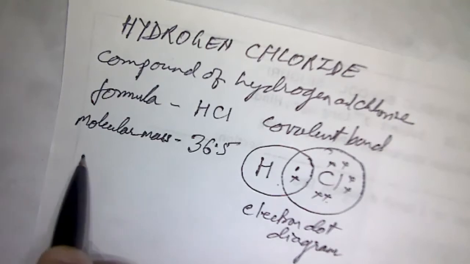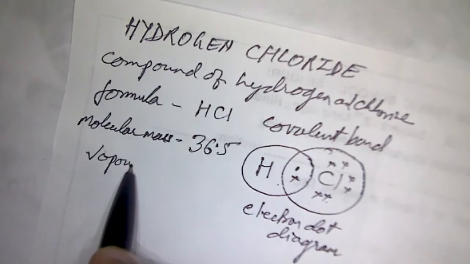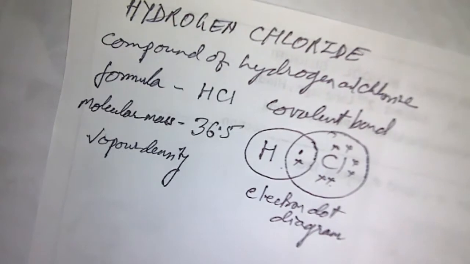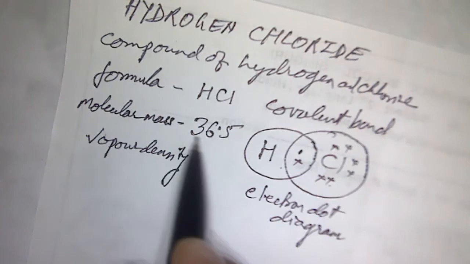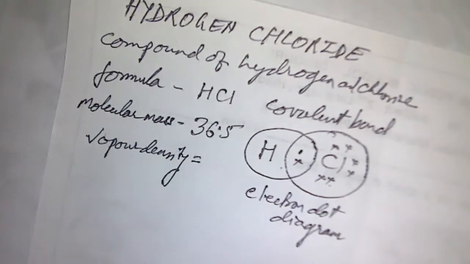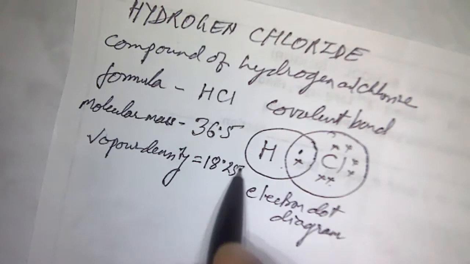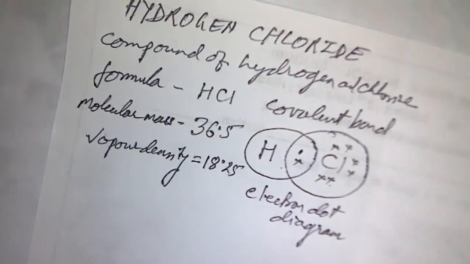Then it will have a vapor density. Vapor density is always half of molecular mass. Remember that. Molecular mass you already know. So half of it is how much? 36.5, you divide it by 2. So you'll get 18.25. That is your vapor density. This I'm giving so that when you do the next chapter, it will be easier for you. So molecular mass is fixed, vapor density also fixed.